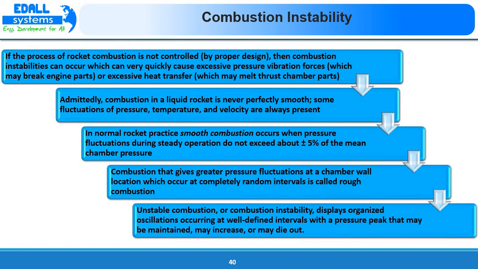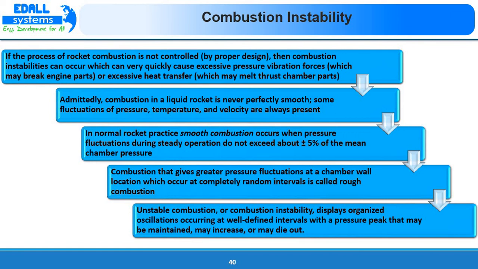Combustion that gives greater pressure fluctuations at a chamber wall location, occurring at completely random intervals, is called rough combustion. Unstable combustion or combustion instability displays organized oscillations occurring at well-defined intervals with a pressure peak that may be maintained, may increase, or may die out.